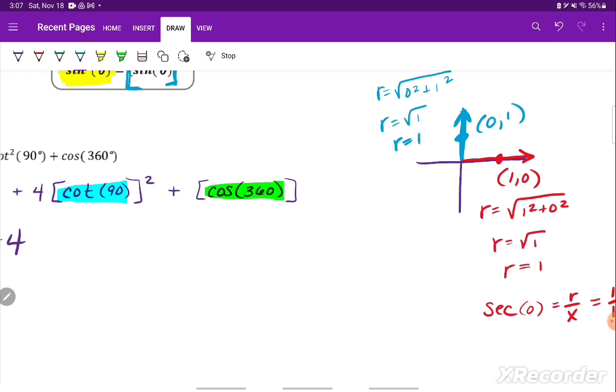I get r to be equal to 1. Cotangent is defined x over y. So I'm going to take the x value, which is 0, divided by the y value, which is 1. I'm going to get cotangent of 90 to be 0. So I'm plugging that in here.